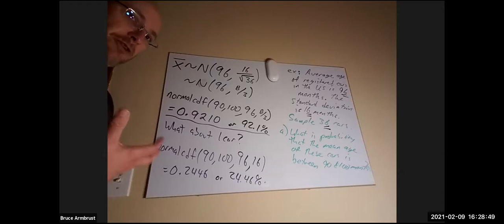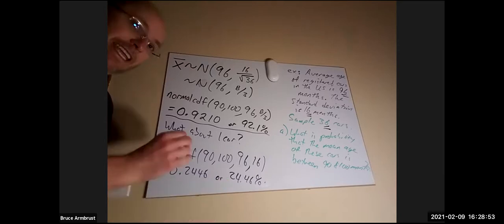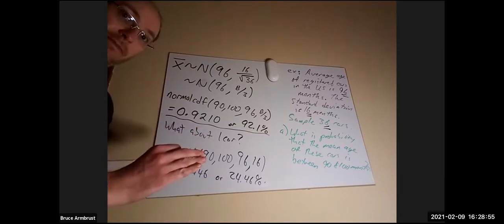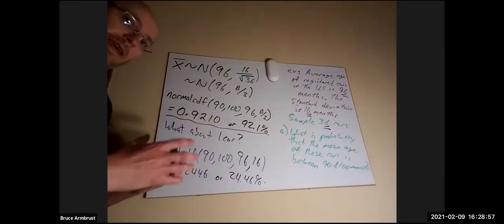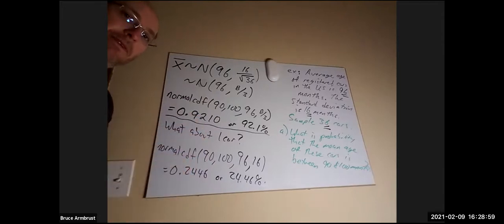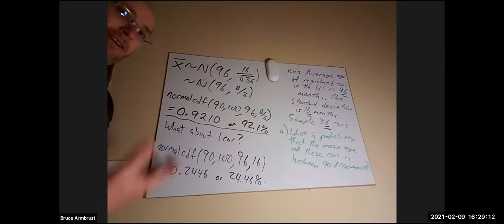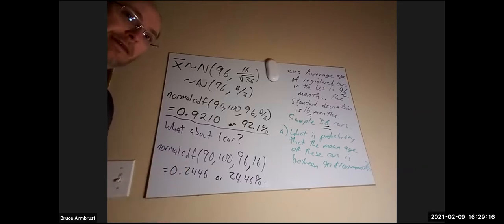So this really shows you how there can be a lot of variation in individuals, but when we group them up and look at them as a sample, the variation goes down. And that's the key to the central limit theorem. So if we want to figure out something about the population, the bigger the sample, the better.